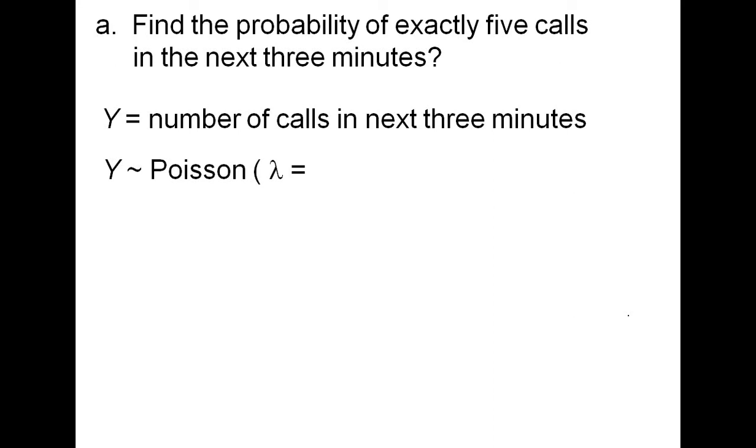Let's say y equal to the number of calls in the next 3 minutes. So lambda will equal to 2 multiplied 3 equal to 6. Why 2 multiplied 3? Because it's 2 calls per minute. And then since we have 3 minutes, so 2 multiplied 3, we have 6 calls per 3 minutes.